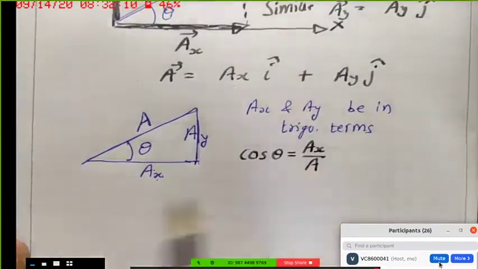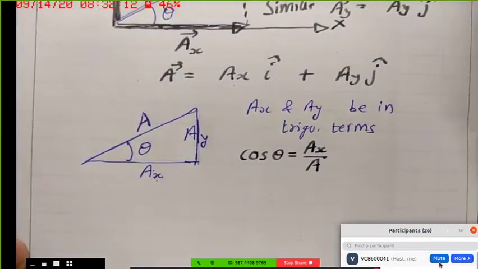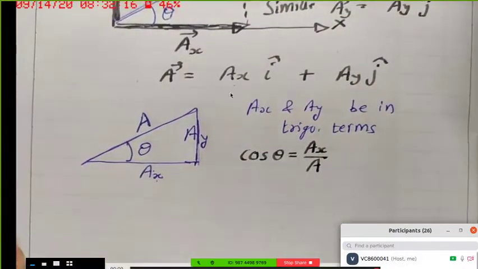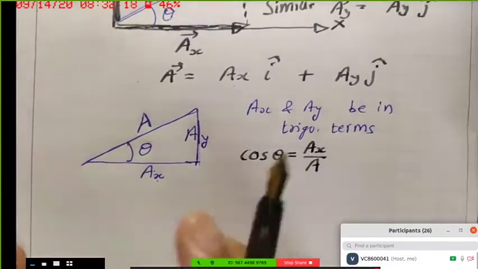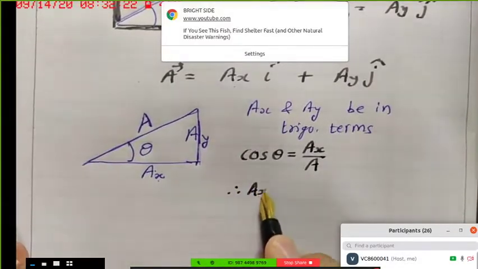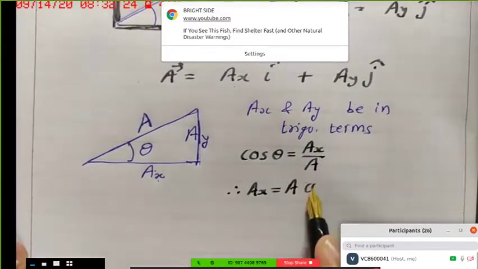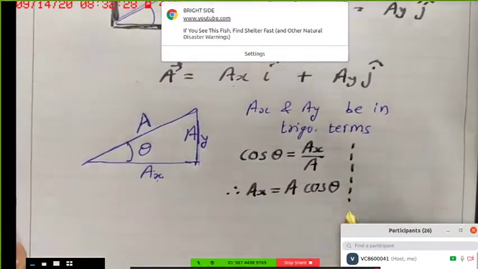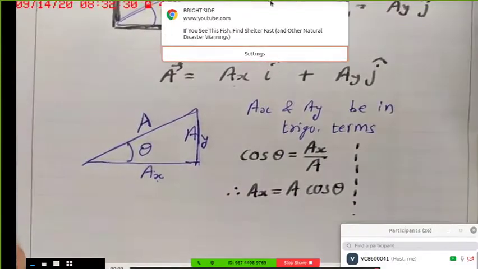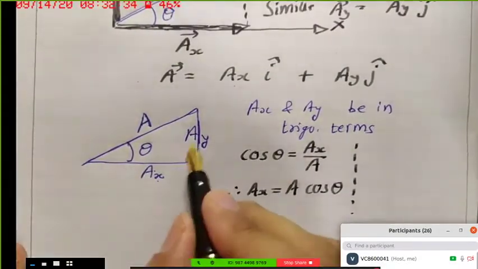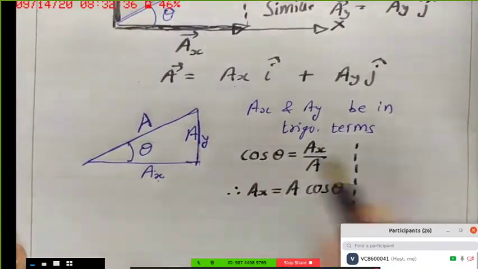Now, do you all agree and understand what I have written? Yes, sir. So I can write AX equal to A cos theta. Perfectly legal. Now I want to deal with AY, so I take sine theta.